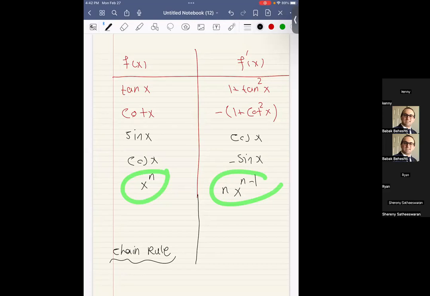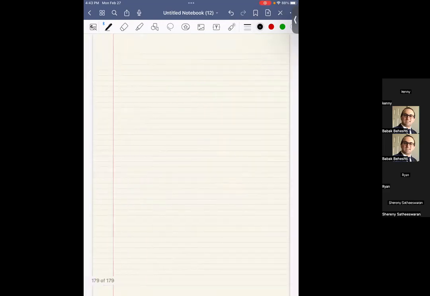Go to chapter 3.5 and do 175. So these are exercises 3.5.